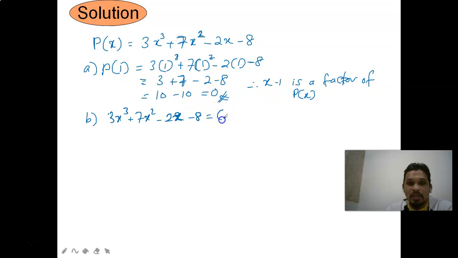So x minus 1 and, okay, class, the highest degree here is 3 and one of the factors is linear. So here I come up with ax squared plus bx plus c.